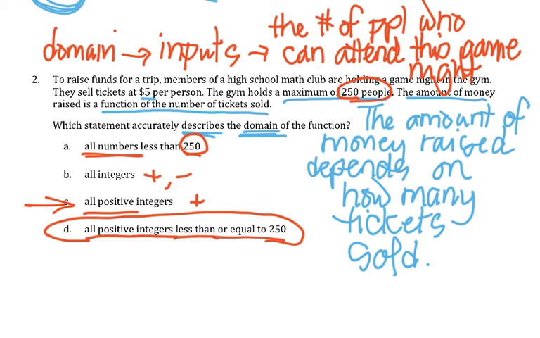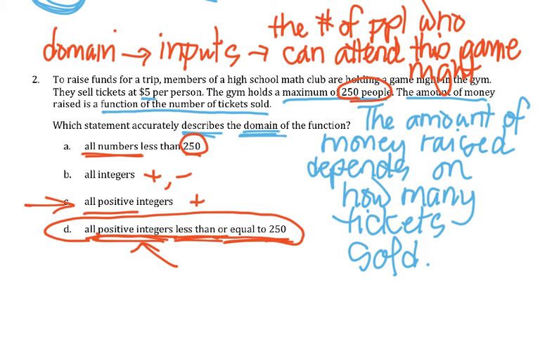Remember, we can only get 250 people into the gym. So I can't have 500 people because it won't work. So why is it this last one? Because first of all, it's all positive integers. I have to have positive numbers when I'm talking about people. Less than or equal to 250. I can have less than 250 or I can have 250, right?